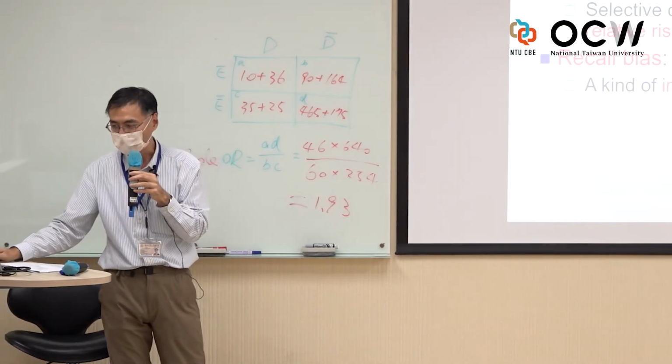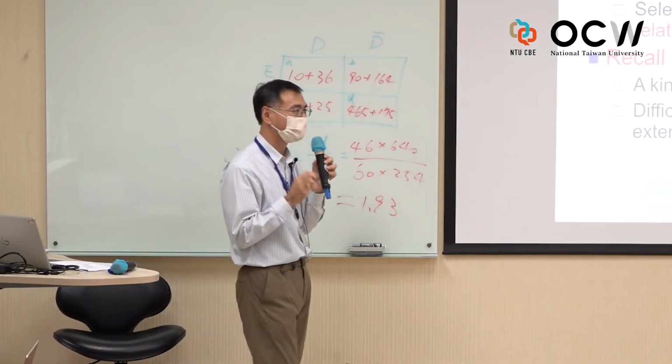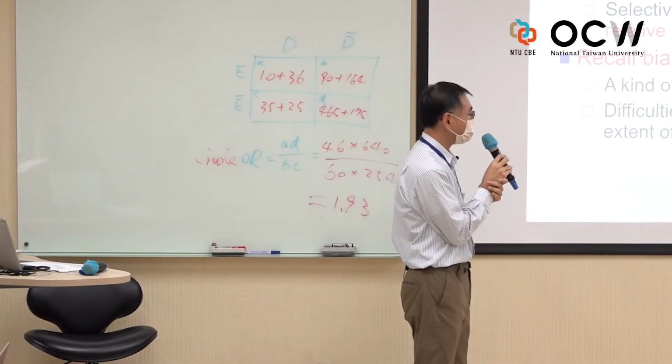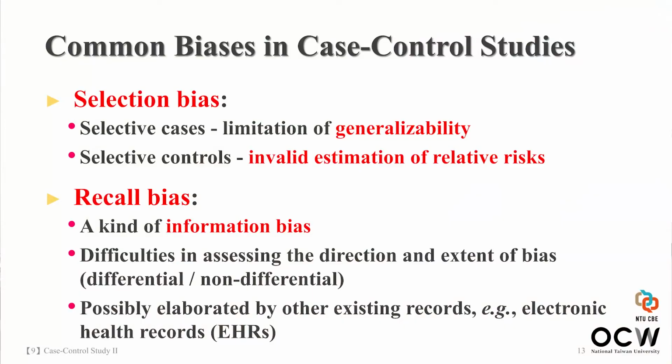So it's very likely that the information given by case and control could be different. But the problem is that recall bias increases the difficulty in assessing the direction and extent of bias. It could be differential or non-differential. So once it happens, it will be pretty hard to deal with.